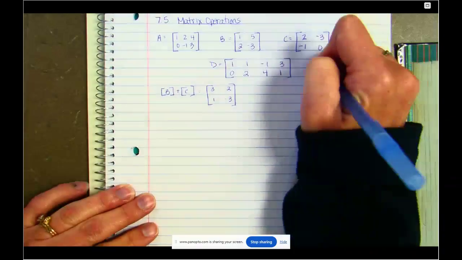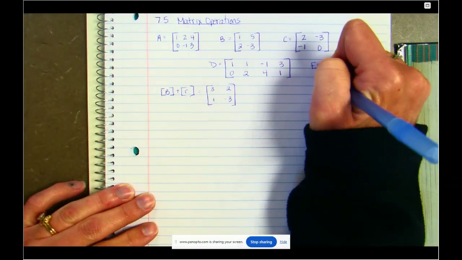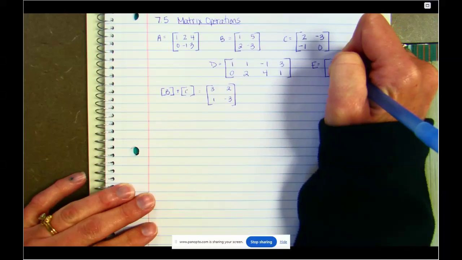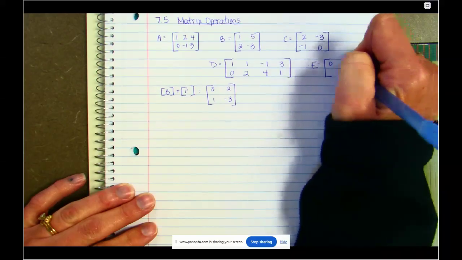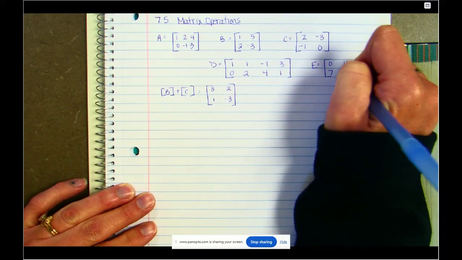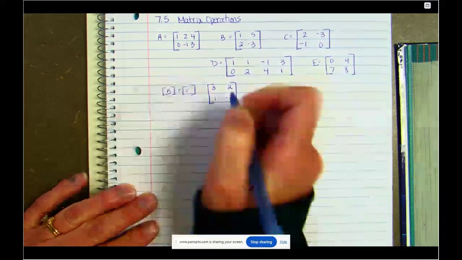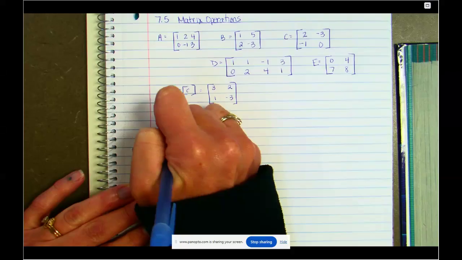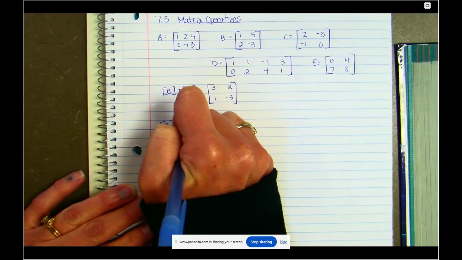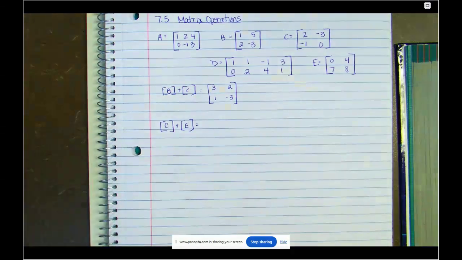We need to add another matrix here because it does not give us enough stuff to do. So let's do E as 0, 4, 7, 8. Okay, so why don't you please find for me C plus E?